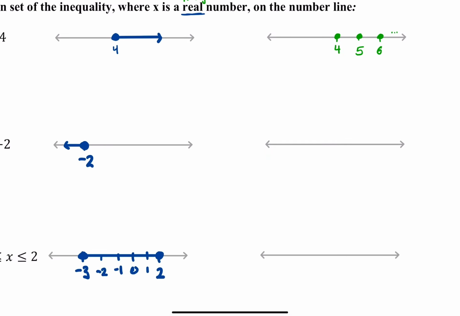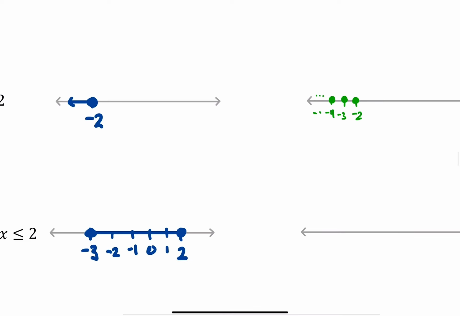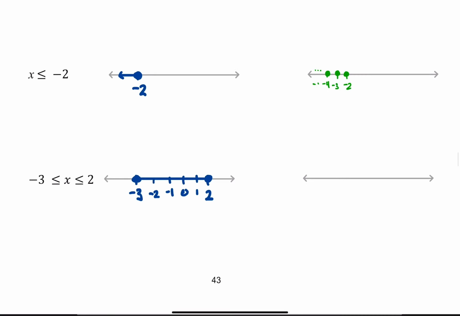Same principle here. If we had a -2, then we would have -3, we would have -4, and so on. So we'll just do the dots with so on. So you would shade the -2, you would shade the -3, you would shade the -4, and of course you would just continue this pattern to the left. Do not draw the line whenever you're dealing with integers, because integers, like we said, are just whole numbers.